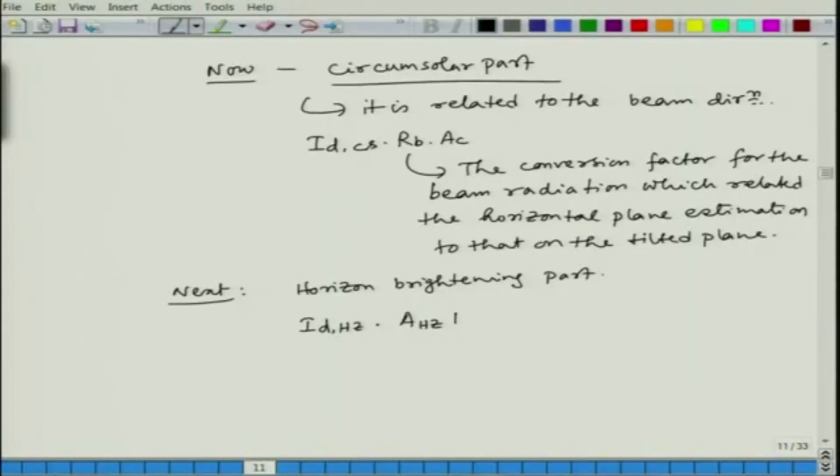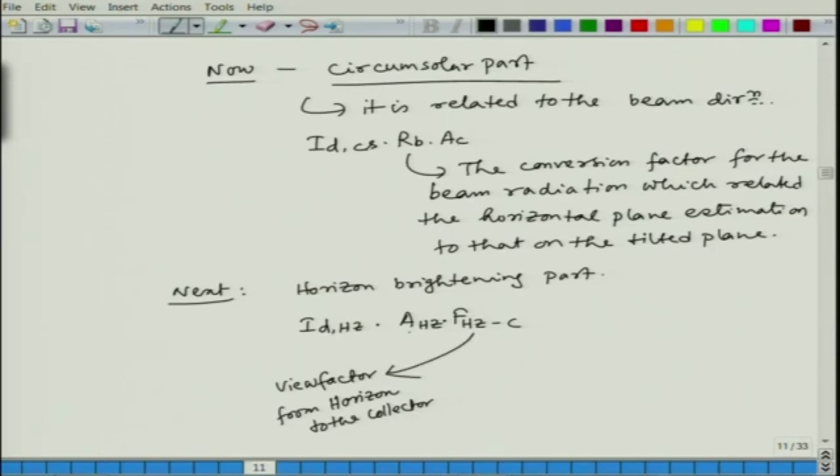And we will have this view factor as well. Okay. So, this is view factor from horizon to the collector. Sorry, this is the view factor.